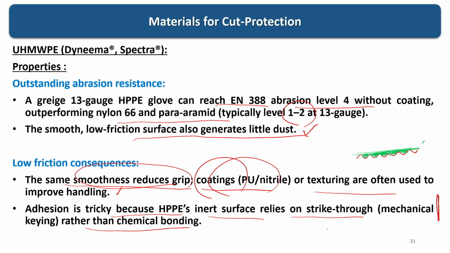So, it is called mechanical keying, not chemical bonding. When the coating penetrates, there will be a bonding. The fiber will be locked by the coating material from both sides, basically a physical bonding we can say.